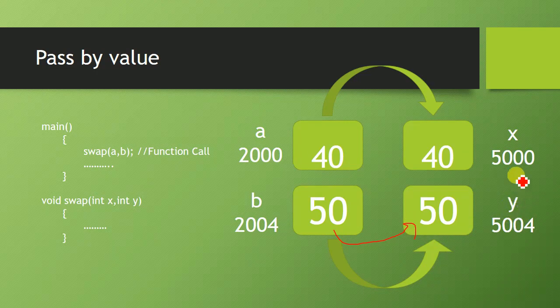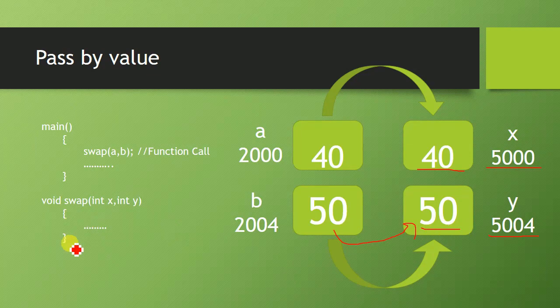That means at the 5000 memory location we are storing 40, and at 5004 we are storing 50.